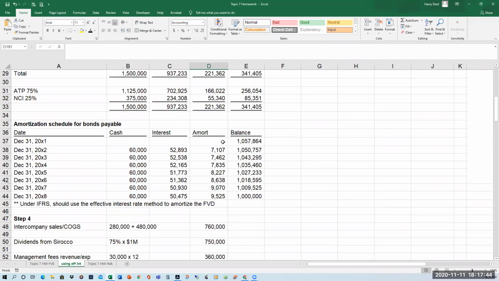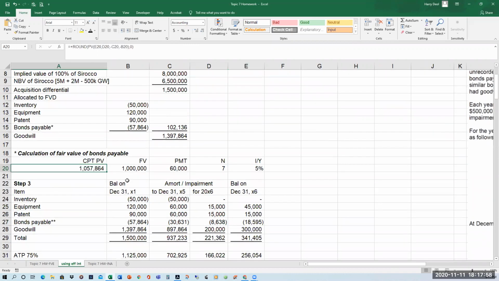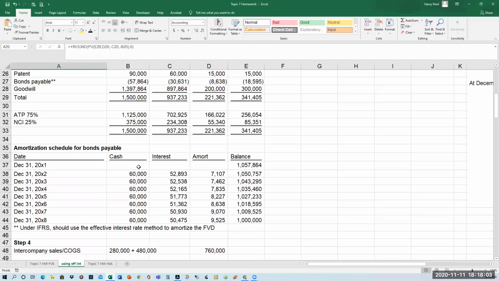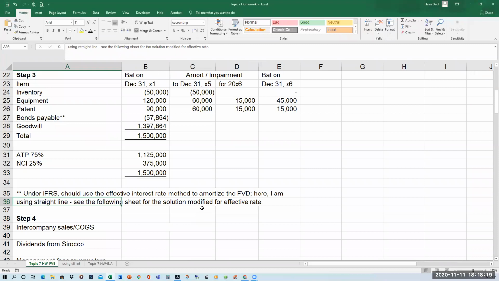In that case, for the bonds payable liability, we prepare an amortization schedule starting with the PV computed on the date of acquisition using the market interest rate of 5%. Interest on the bonds is calculated at 5%, with the difference between the cash and the interest being the amortization of the bond premium. For purposes of our course, we will just use straight line amortization.